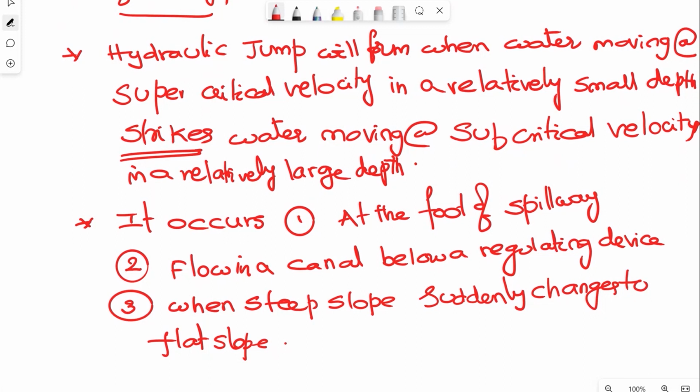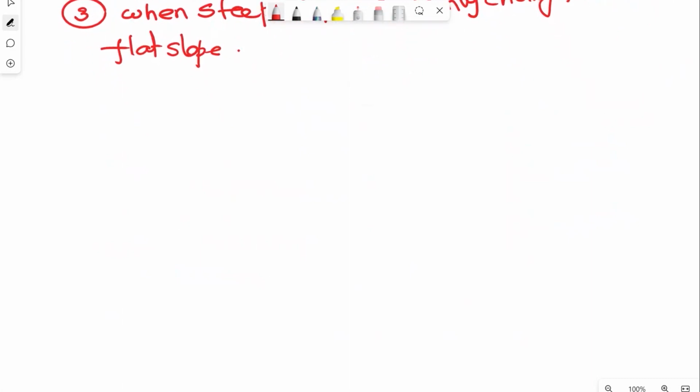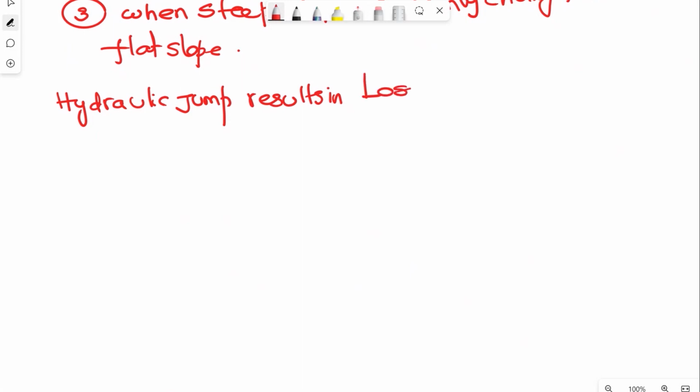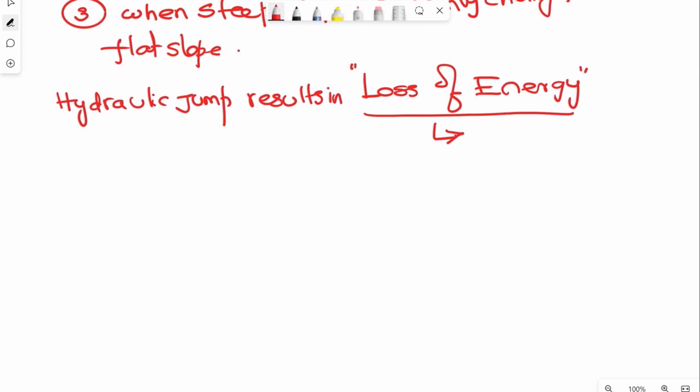Already I mentioned, when the hydraulic jump forms, the result is always loss of energy. Hydraulic jump results in loss of energy, and this is initially unknown. This we have to find out.